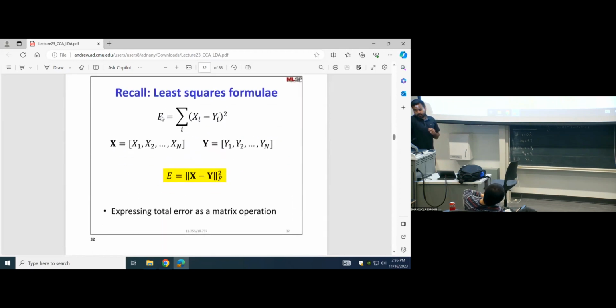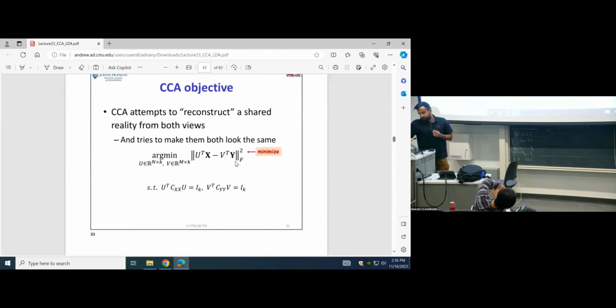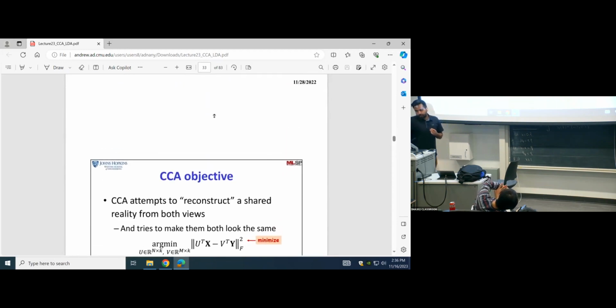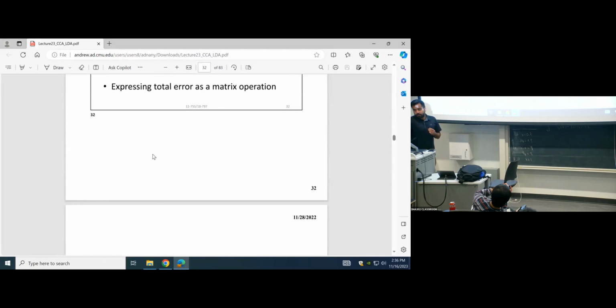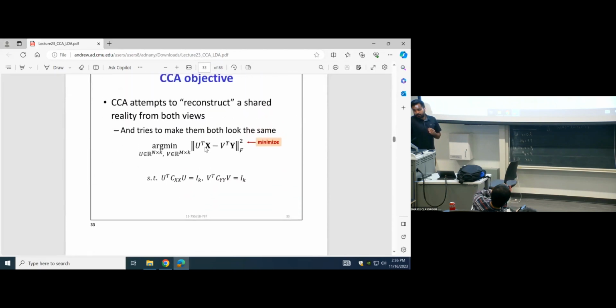So let's revisit the least squares formula. You already know this. This is the Frobenius norm error equation. If we plug in our predicted and accepted value, we'll get U^T X minus V^T Y. U^T X is the computed value, V^T Y is the predicted value.